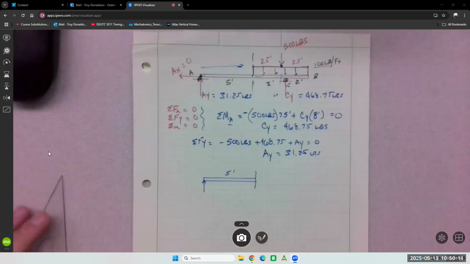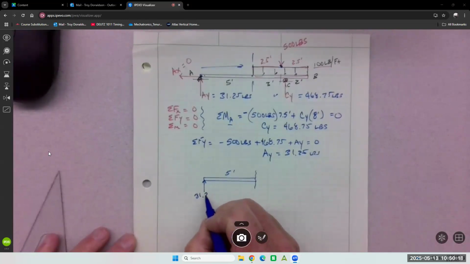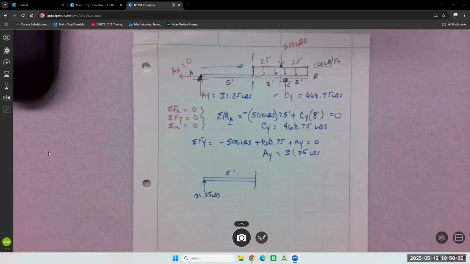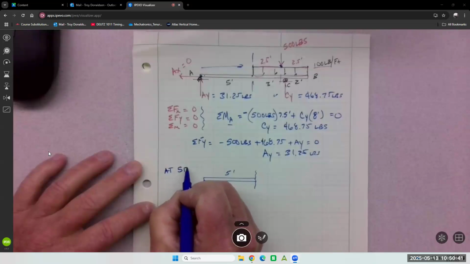There's one, 31.25 pounds. There's nothing else. That's it. Everyone agreed? We're right before the distribution, but we're not to the distribution yet, so it does not show up. So this is a 5 feet analysis.